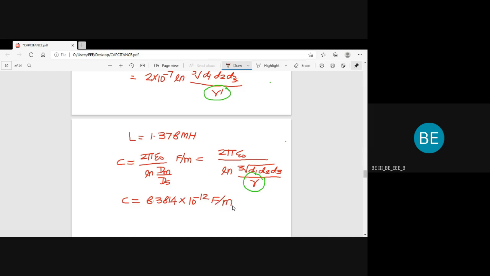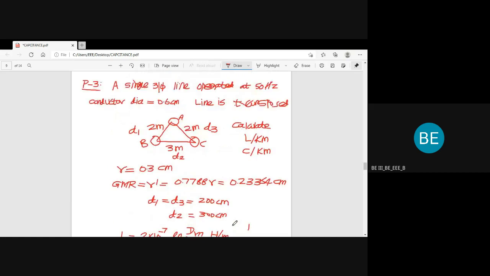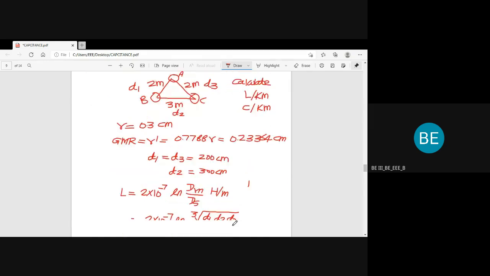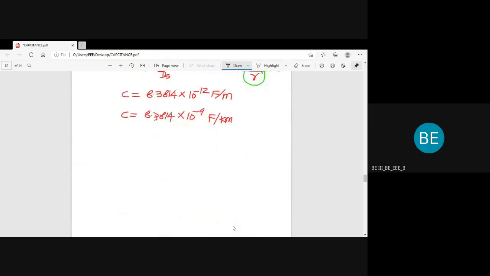If we want it in terms of kilometer, we multiply by 1000, so 8.3814 into 10 power minus 9 farad per kilometer. So this is the capacitance value.